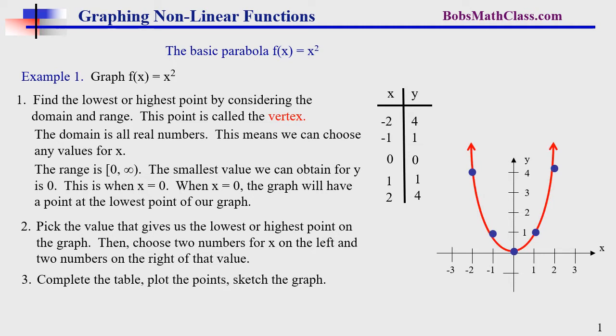And we're all done. So again, what was important is that we pick the number that gives us the smallest or the highest number. In this case, it's 0. And then we pick two numbers to the left and two numbers to the right.